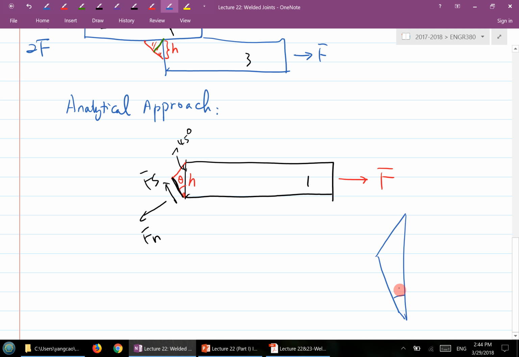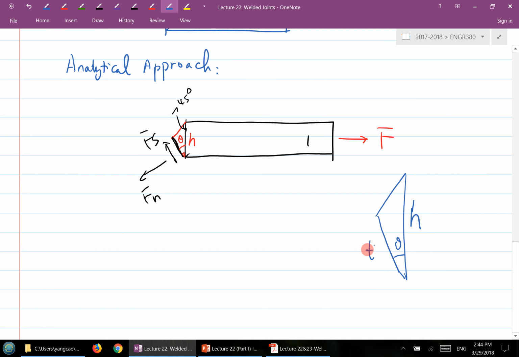Here's a theta angle, and here's H. Let's call this length T star. If I want to calculate the stress at the cross section area, I have to get T star first.